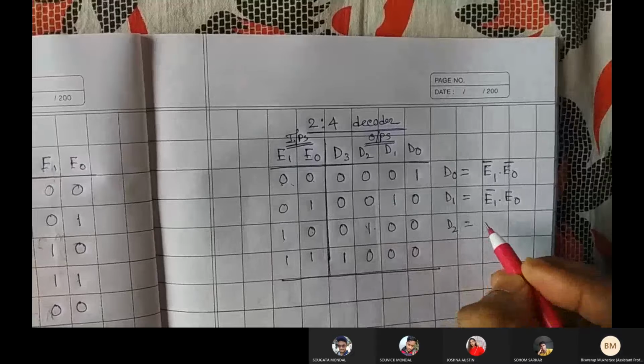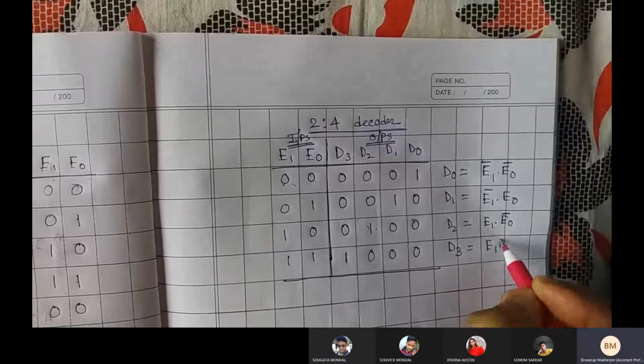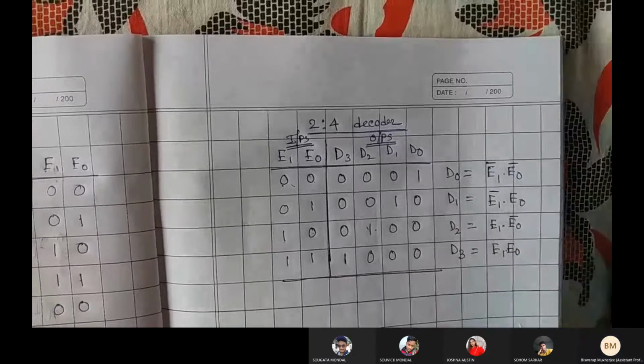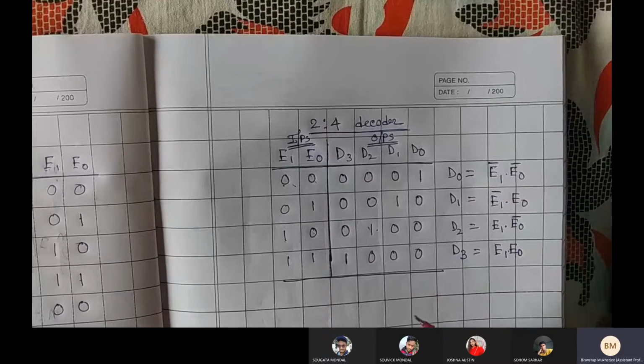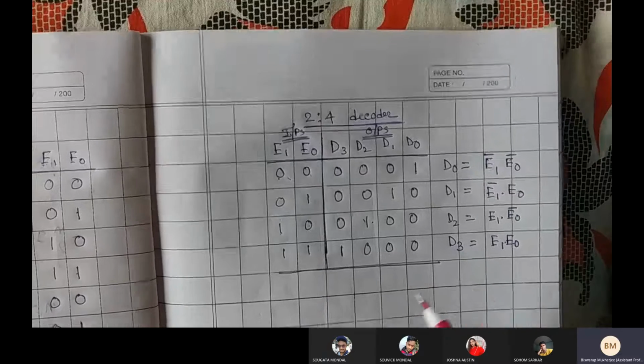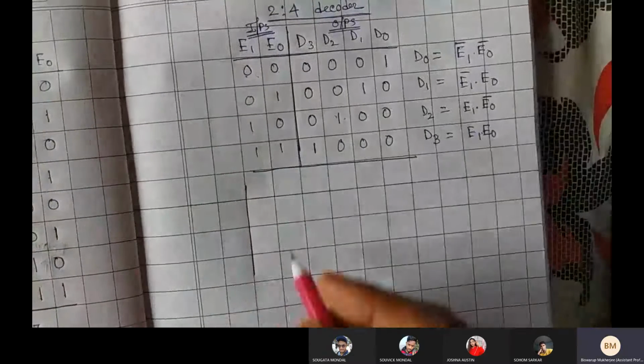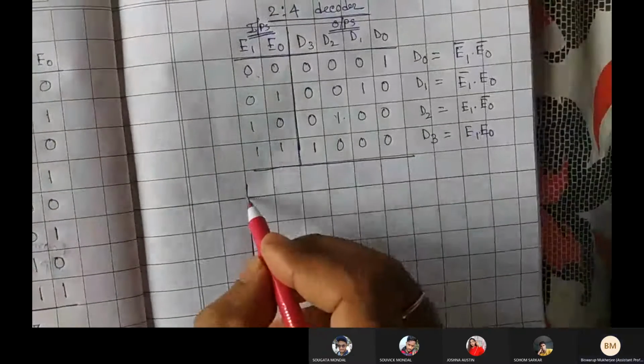D2 is equal to E1 E0 bar, and D3 is equal to E1 E0. Okay. So these are my 4 outputs. Accordingly, obviously you can draw the circuit very easily. So you'll be having two inputs.